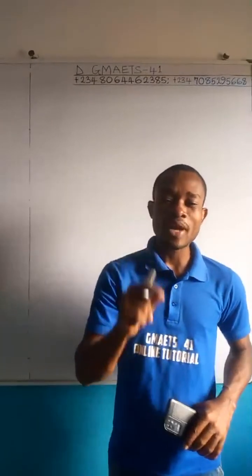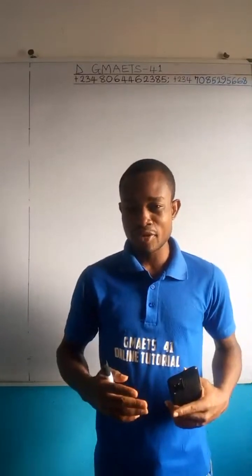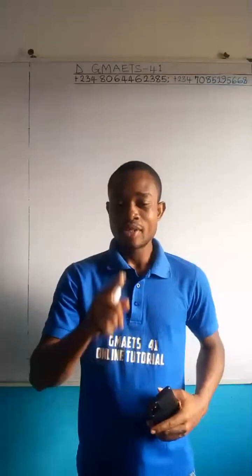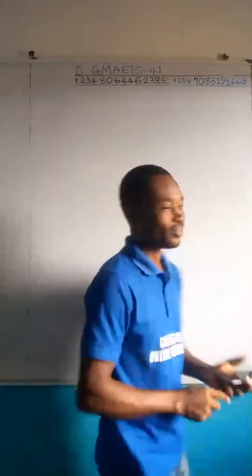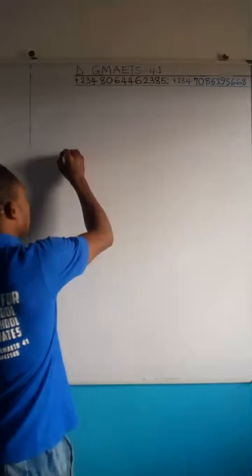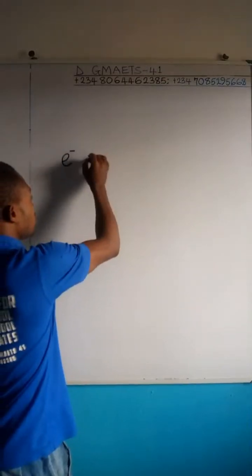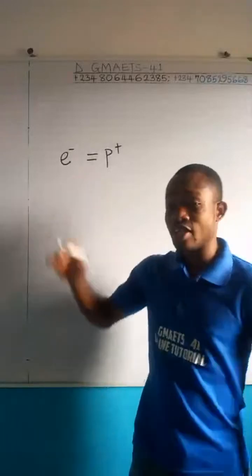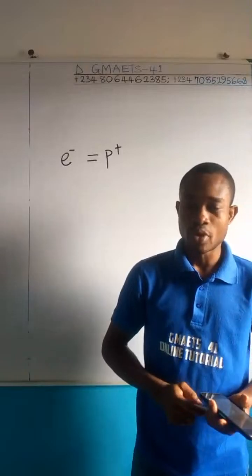We are going to apply the knowledge that for an atom that is electrically neutral, that is, the atom has not reacted, are you getting me right? The number of electrons, let me use e negative, is equal to the number of protons, permit me to use p positive. From our previous class, we learned that electrons are negatively charged, while protons are positively charged.